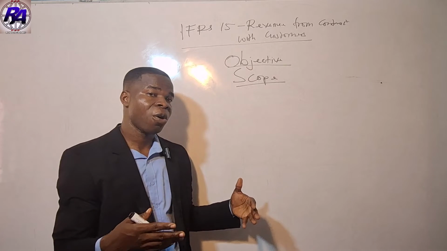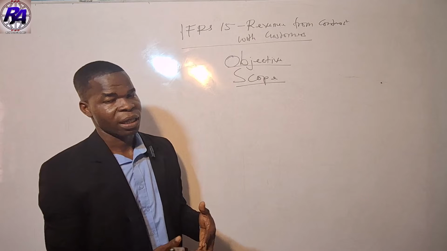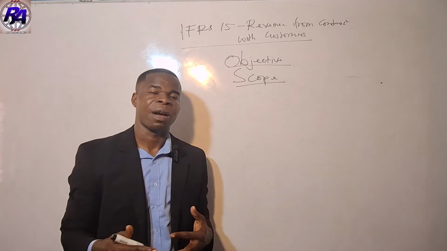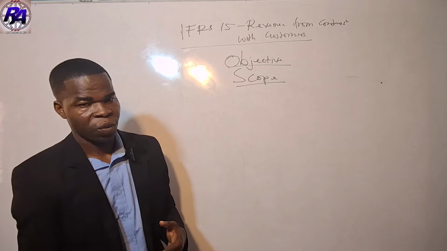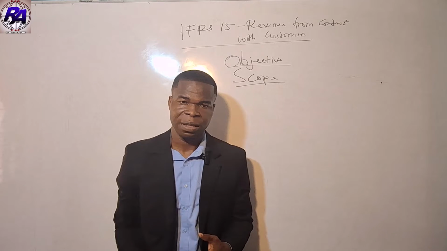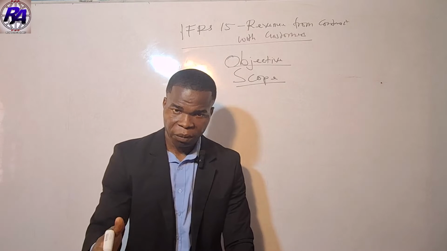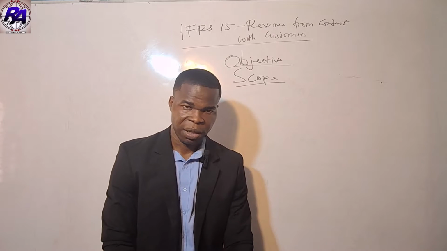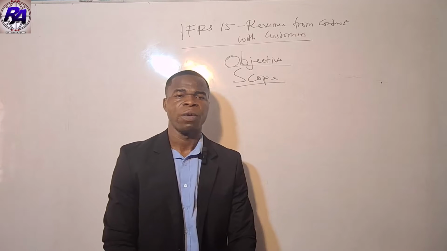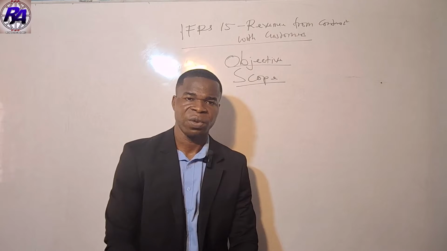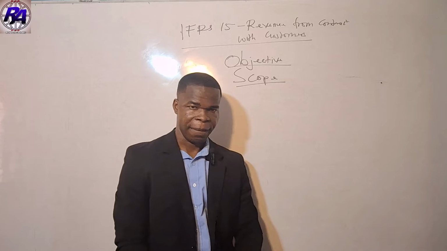The standard covers all revenue from contracts with customers. So in case the entity is entering into a contract to provide goods to a customer, and in return is going to receive consideration from the customer, then this is the standard we are supposed to apply.